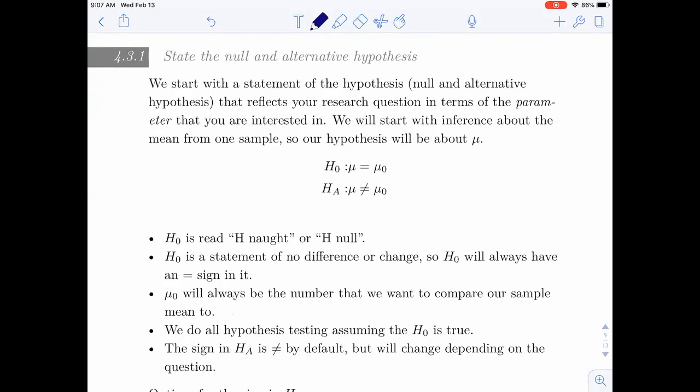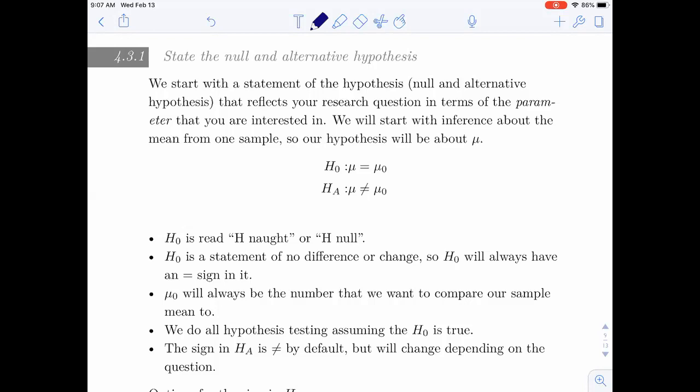The null hypothesis we denote by H subscript 0, or H naught. Anything with subscript 0, we just say naught. H sub 0 is read H naught or H null, so the null hypothesis. H for hypothesis, of course.